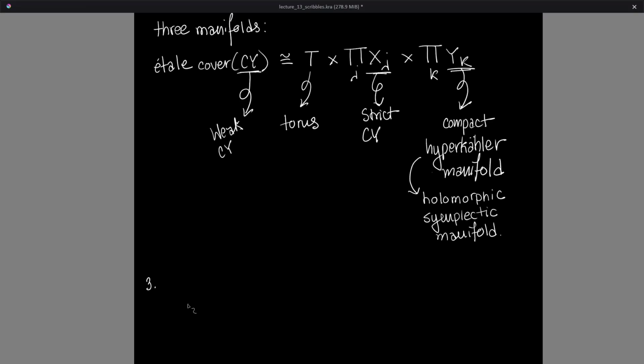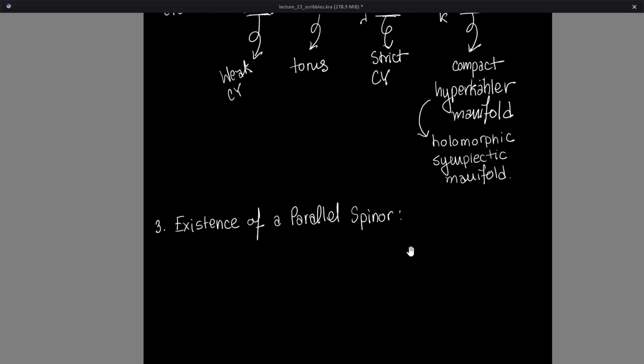Let's talk about property number 3. So property number 3 is that there always exists a parallel spinor. This one is particularly important to string theory. Well, what is a parallel spinor? So we have something called a spin bundle, which is just like a tensor bundle, except we have spinors instead of tensors.